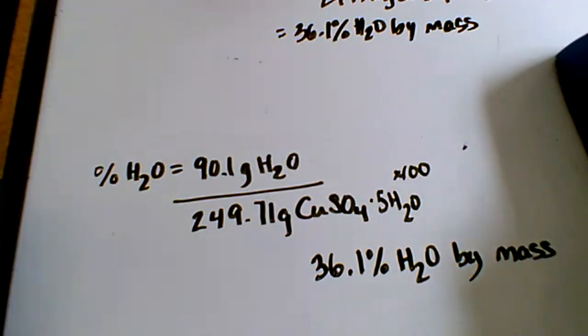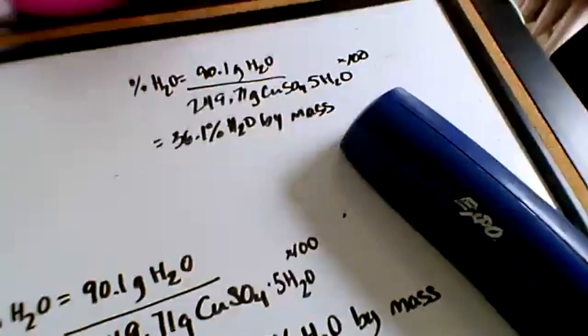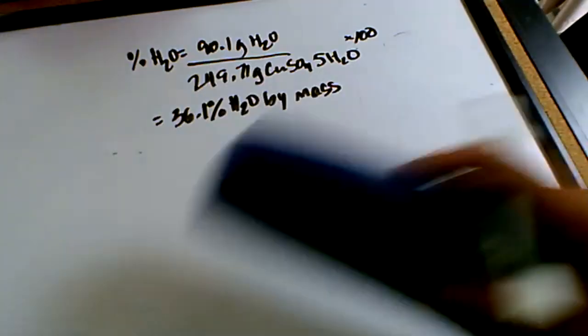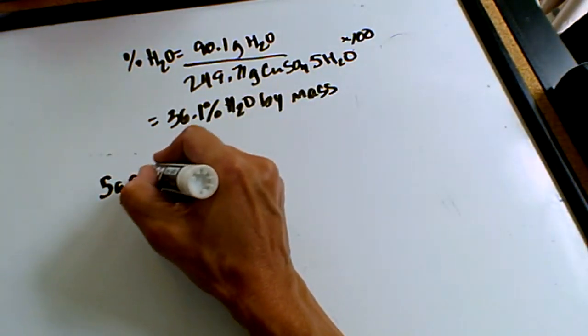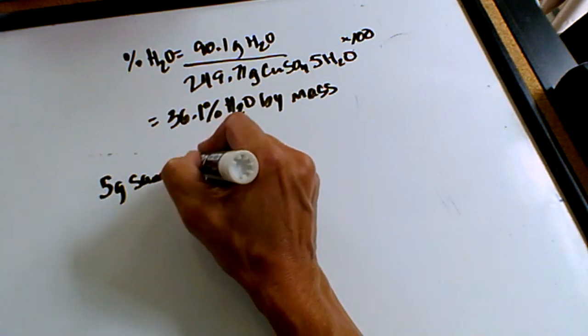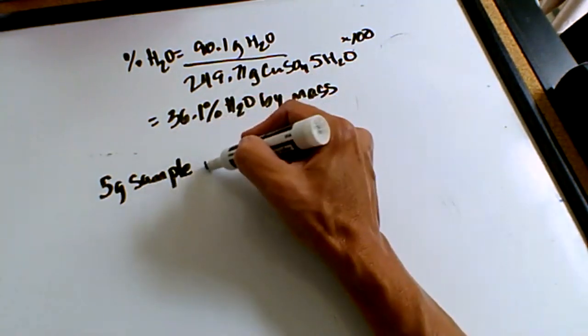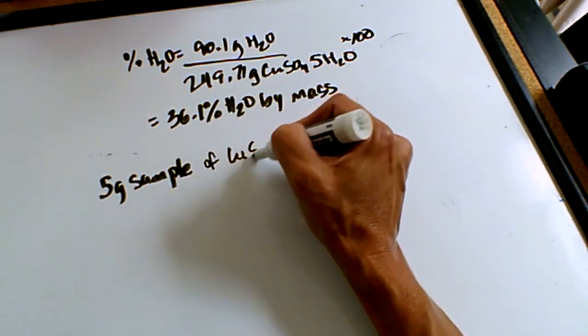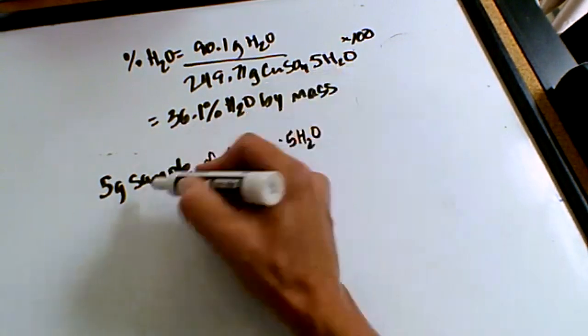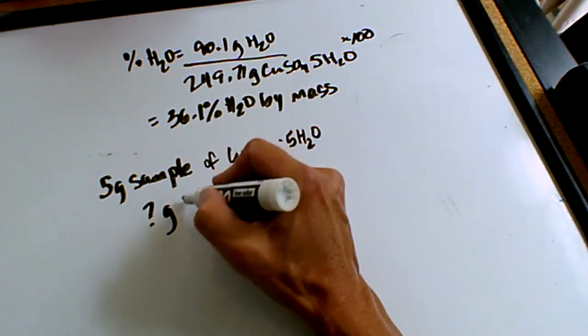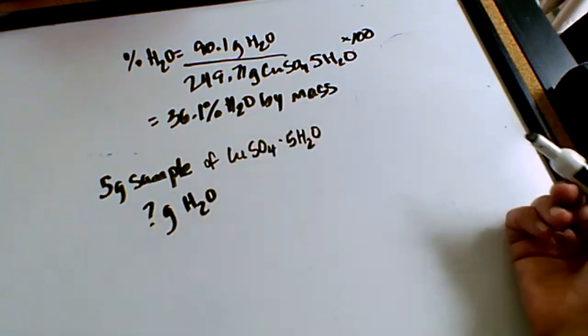Okay, imagine a question that said, you have a 5-gram sample, right? This is what you have. You have a 5-gram sample of CuSO4 pentahydrate. And the question is, how many grams of it is water?